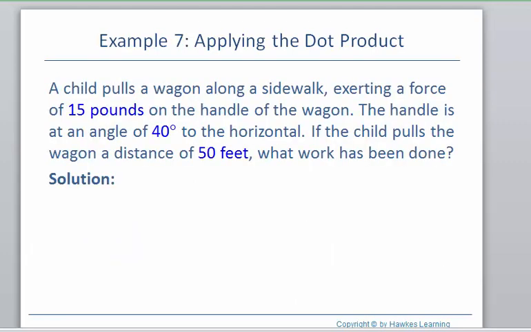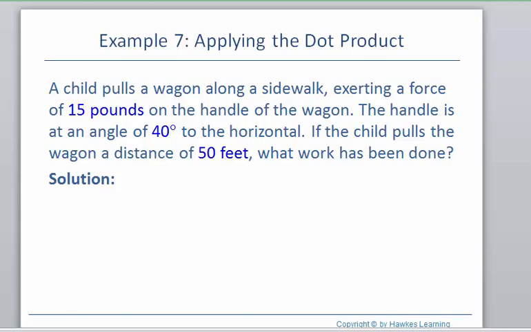Our second example says a child pulls a wagon along a sidewalk, exerting a force of 15 pounds on the handle of the wagon. The handle is at an angle of 40 degrees to the horizon. If the child pulls the wagon a distance of 50 feet, what work has been done?